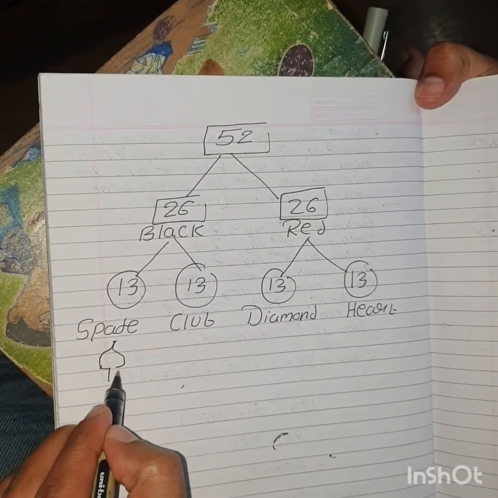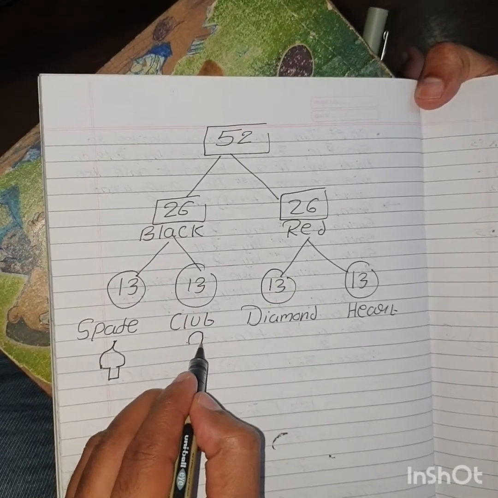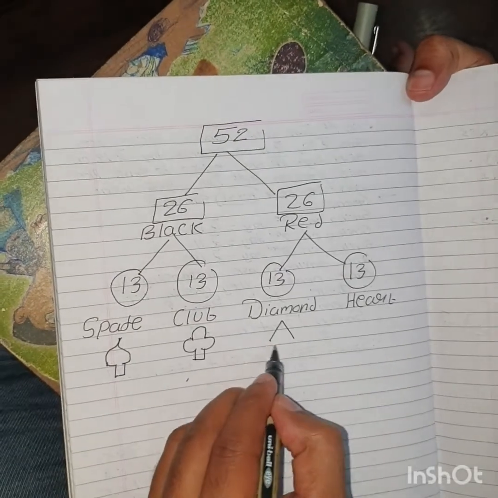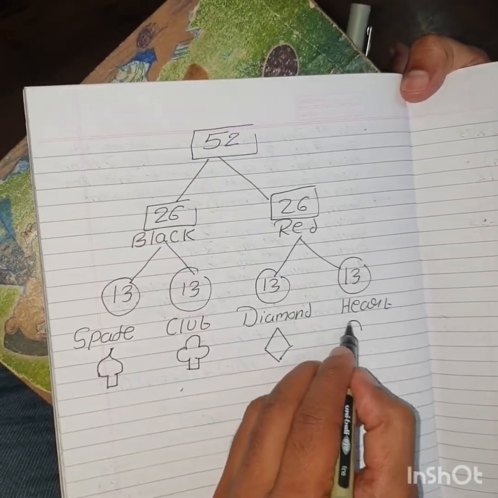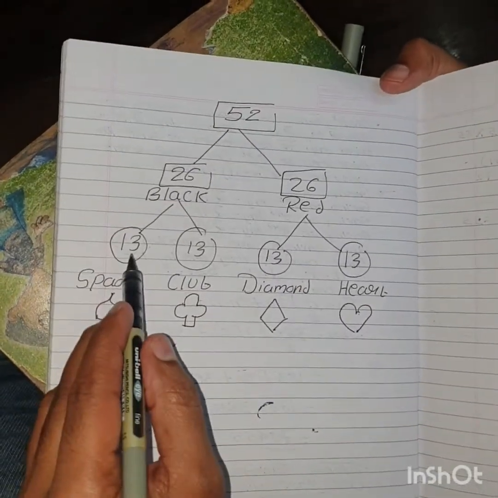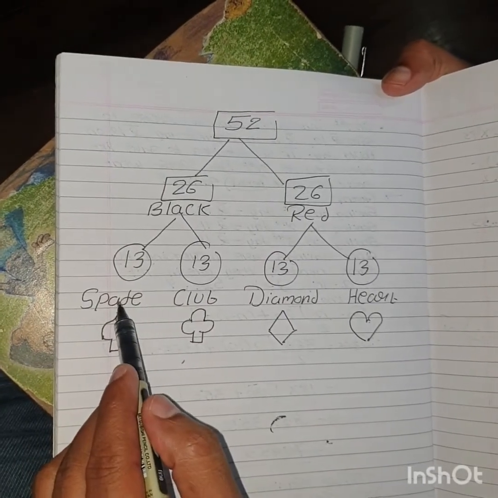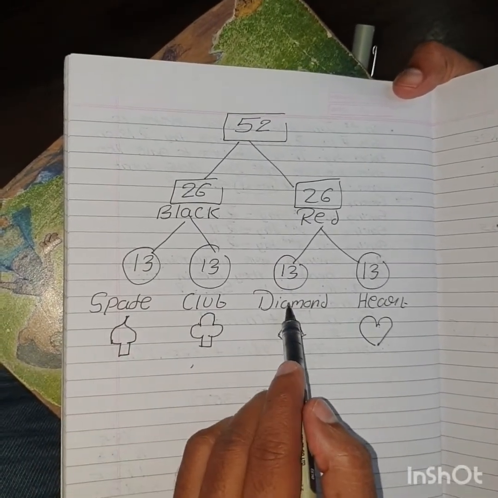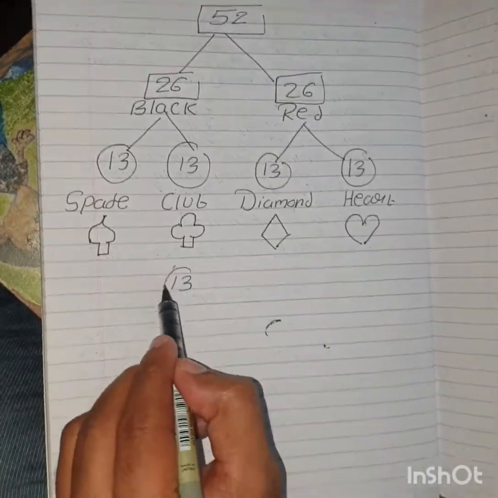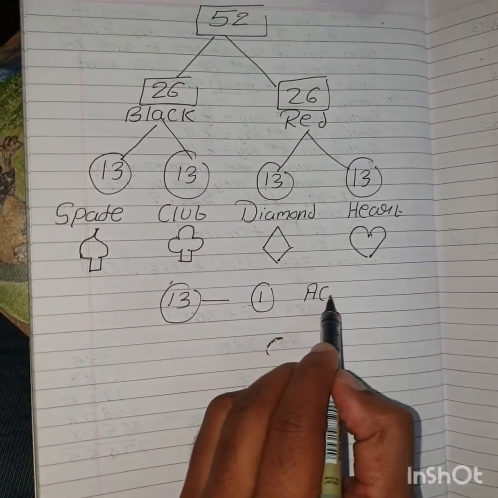Spade, club, diamond and heart. Now there are 13 cards of each type, 13 of spade, 13 of club, 13 of diamond and 13 of heart. Now let's see about these 13 cards. Out of 13 cards, first one is ace.